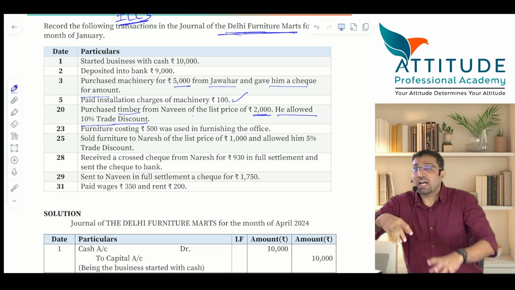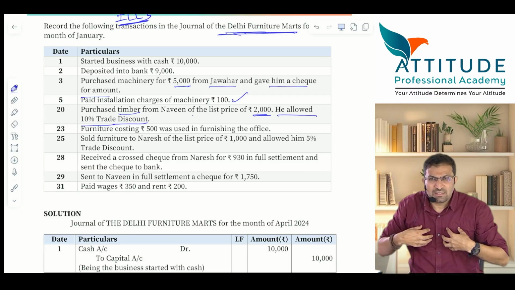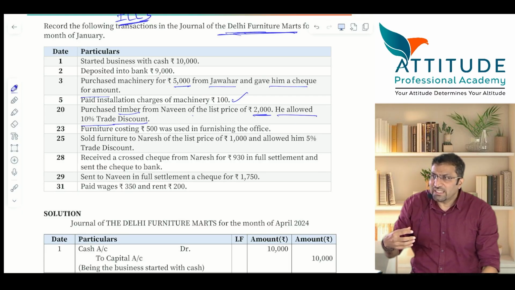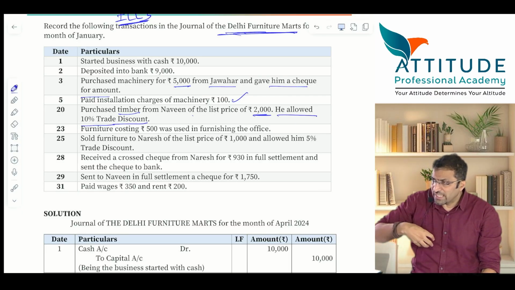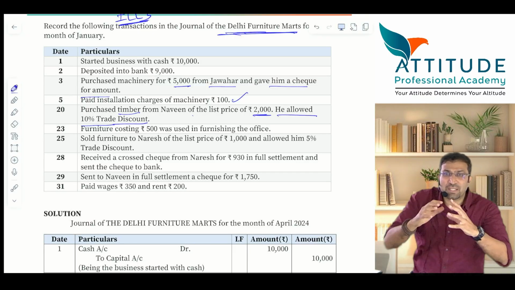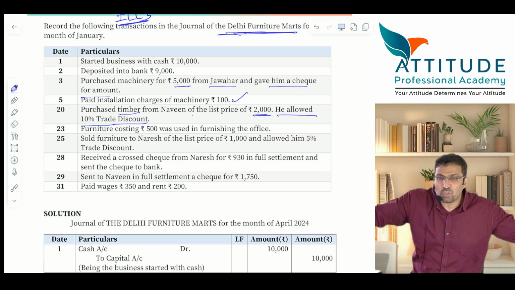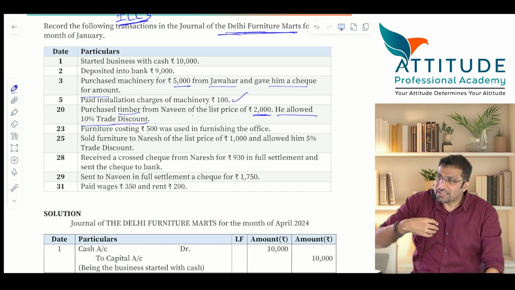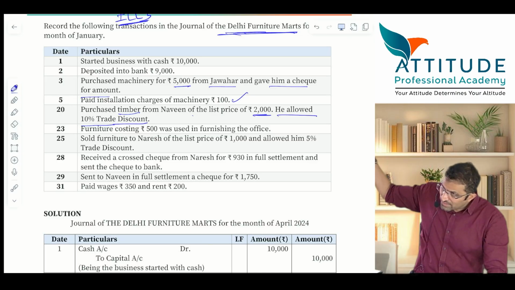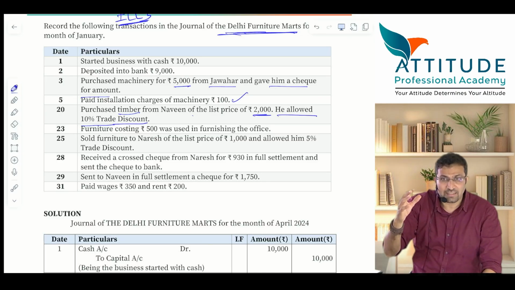Now tell me, are retailers very, very important for the wholesaler? Yes. And generally, when the wholesaler or the retailer purchases from the manufacturer, they generally purchase in small quantities or large quantities. When they purchase in large quantities, the manufacturer gives the discount to the wholesaler or the retailer. And this discount is known as quantity discount.